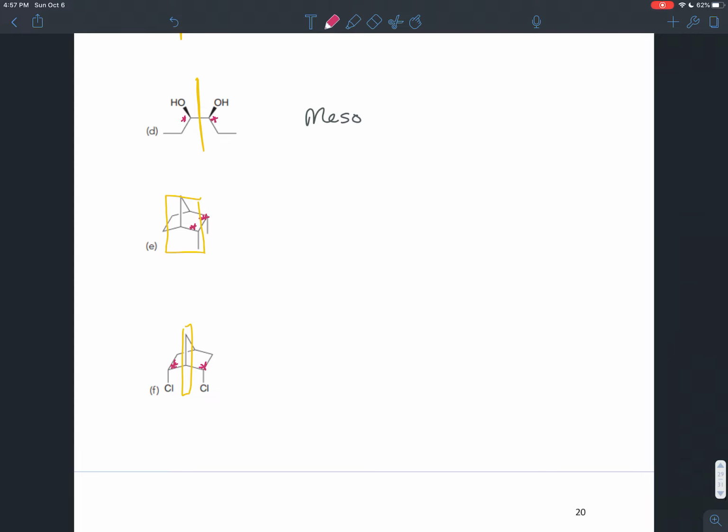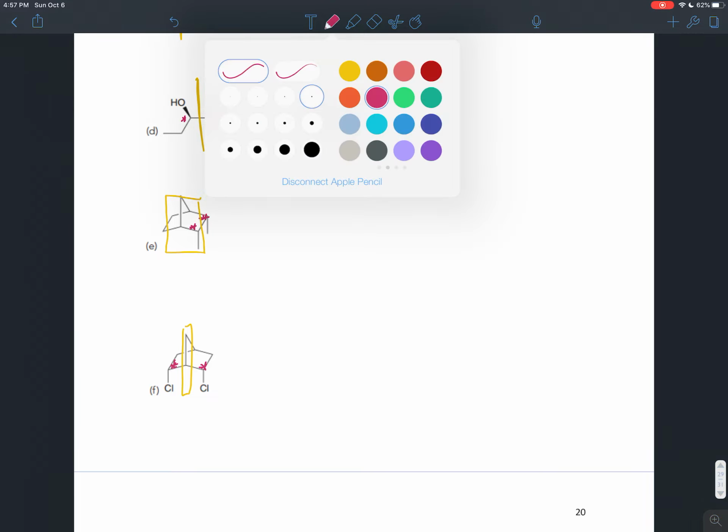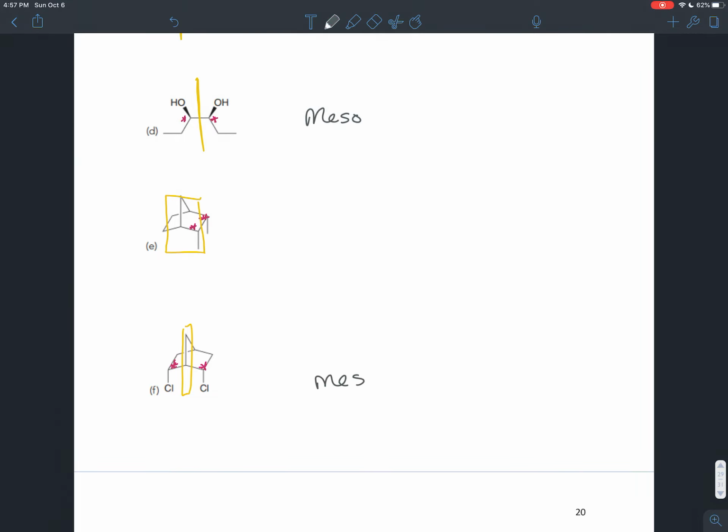So both of these are meso compounds, because each molecule has at least one chiral center, and both of these molecules happen to have two. They have chiral centers, but the molecule as a whole is not chiral because of a plane of symmetry.